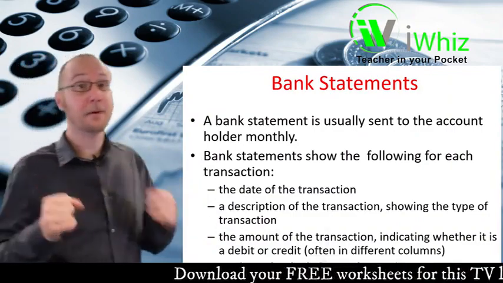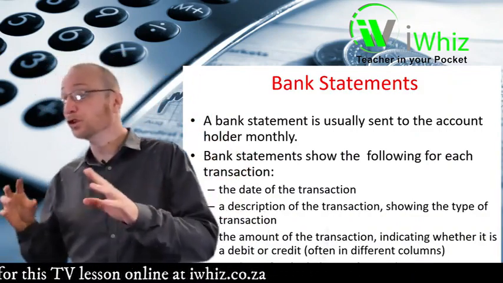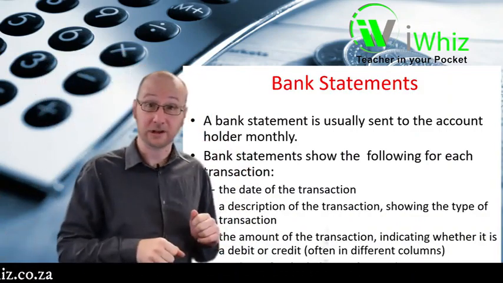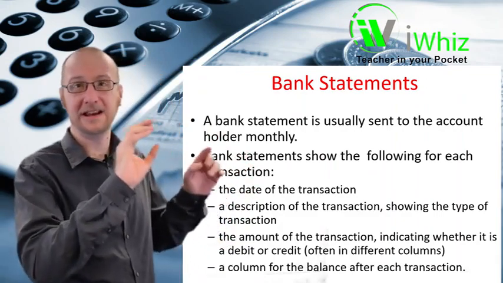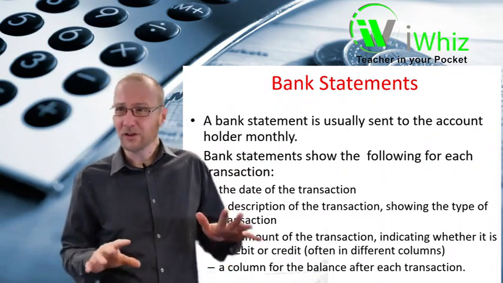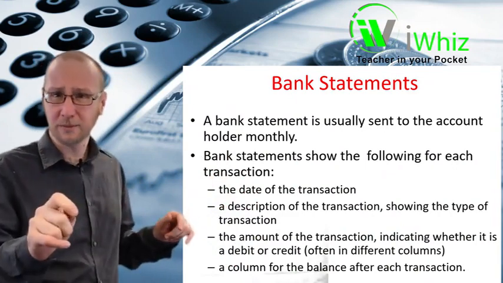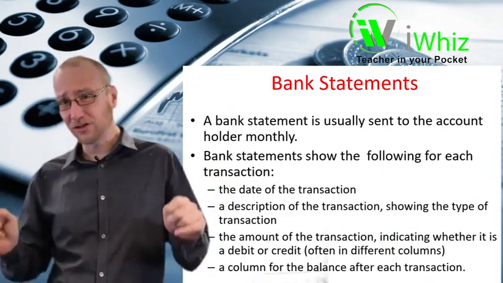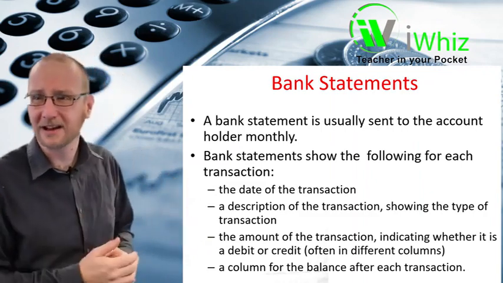Now every month the bank is going to send you a bank statement to let you know what has been happening with your account, and what's been happening with the money in there, how much money you have left, etc. So a bank statement will be sent to you every month, and a bank statement is just a document that gives you all the information about your bank account.